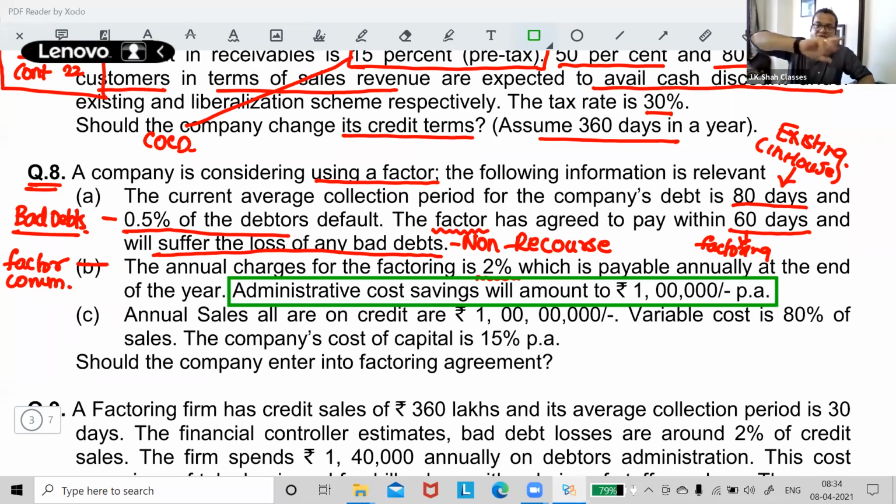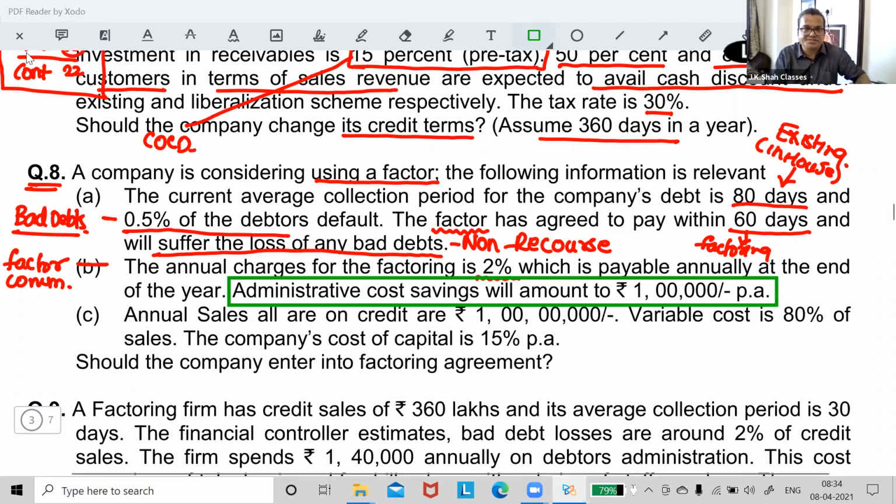See, the annual savings will happen provided you hand it over to whom? To factor. If I collect on my own, I'll be spending 1 lakh rupees of administration charges. Am I clear to what I said? If I collect on my own, I'll end up spending 1 lakh rupees of administrative charges. But obviously, if I hand it over to the factor, that lakh rupees will be saved.